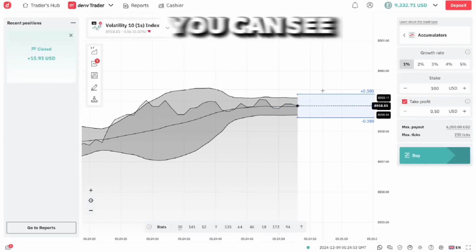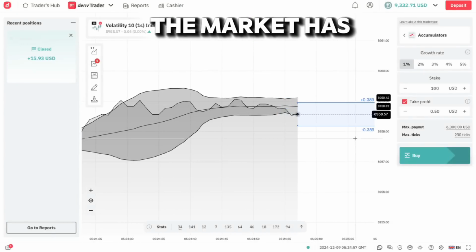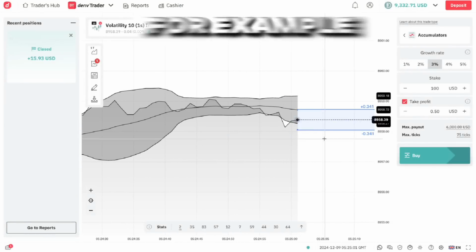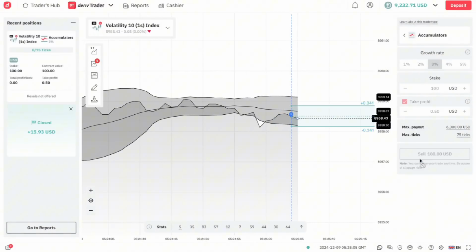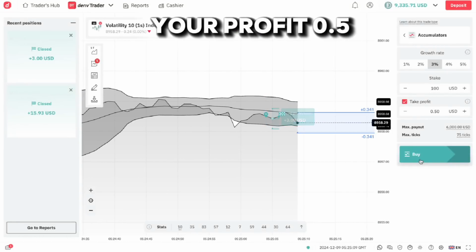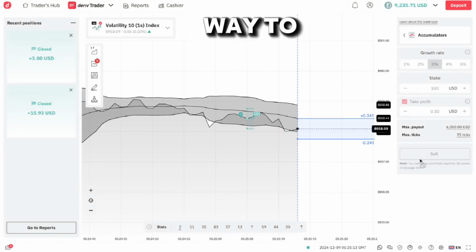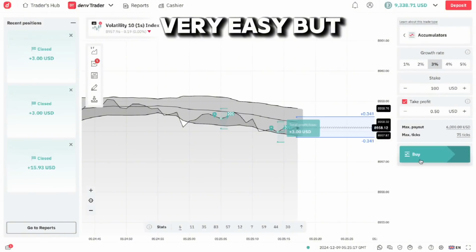You can see the space that the market has to play with, and 3 is the middle. So for example, if you see it break out, you go for a buy. Let's say you've already made your profit of 0.5. So this was like an easy way to just double your money very quickly, very, very easy.